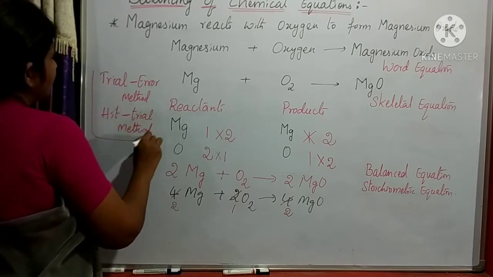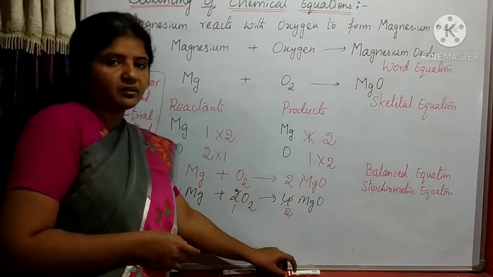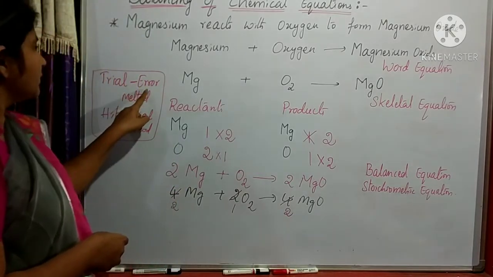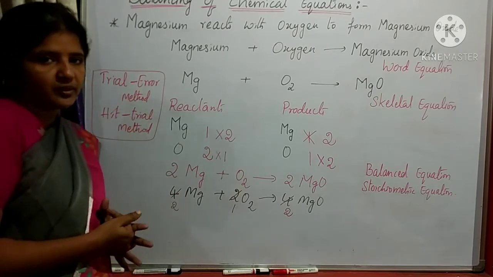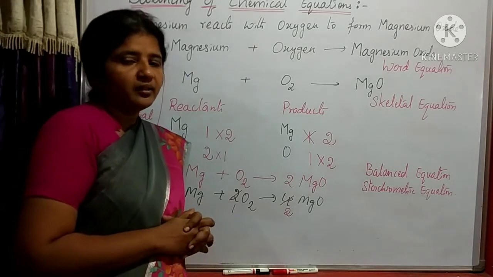The method used to balance the chemical equation is the trial and error method, or hit and trial method, beta. So this is about balancing of chemical equations, beta.